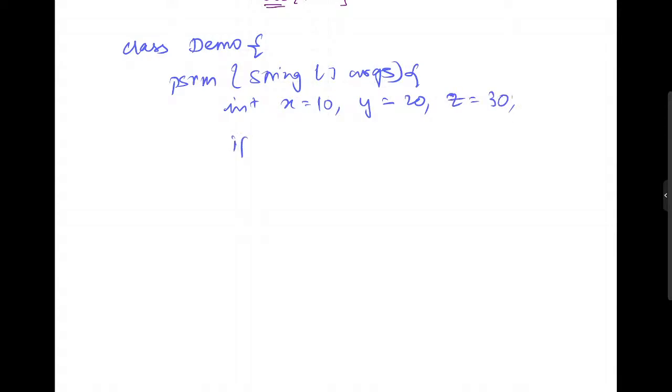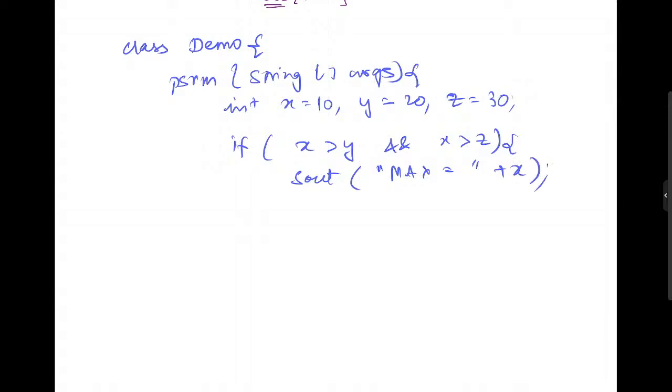What can we do? We can write something like: if x is greater than y and if x is greater than z, then I will do System.out.println, max equal to x. This is concatenation: the string "max equal to" plus x.